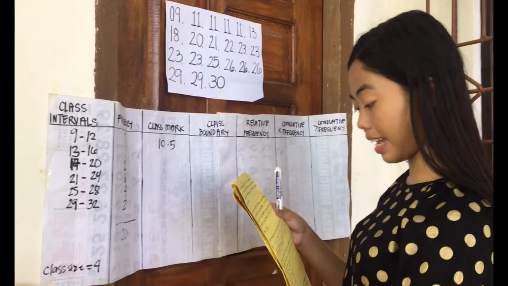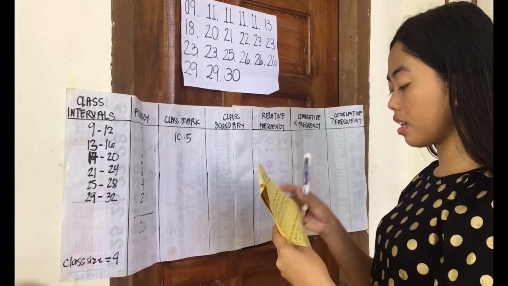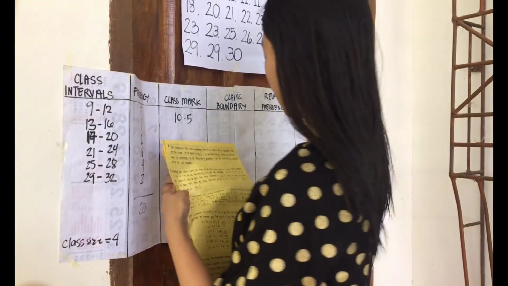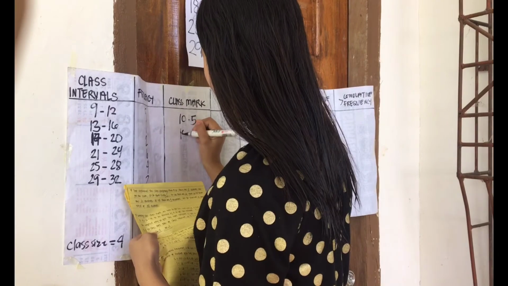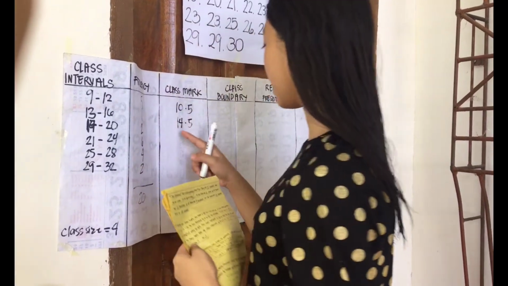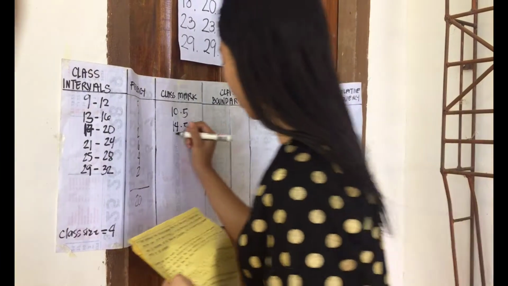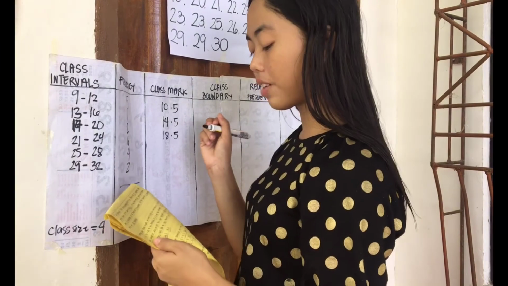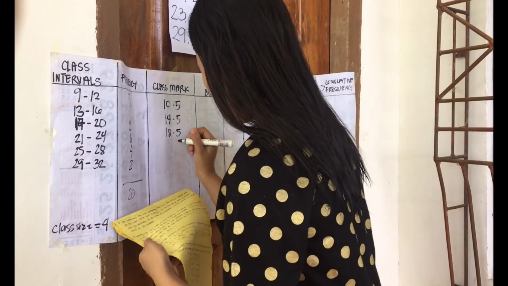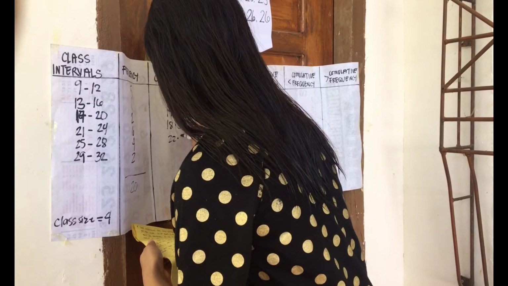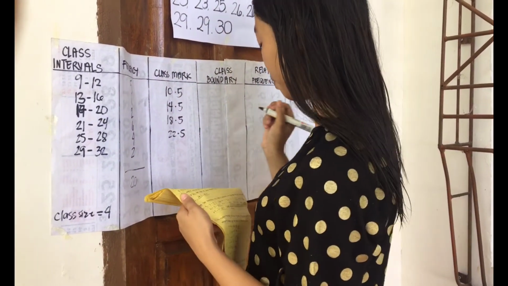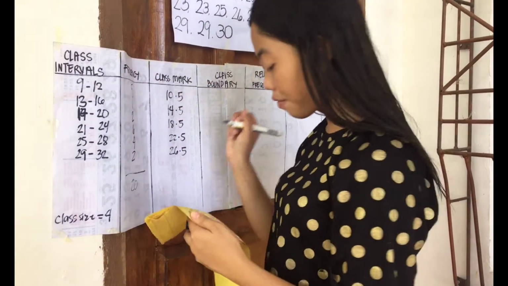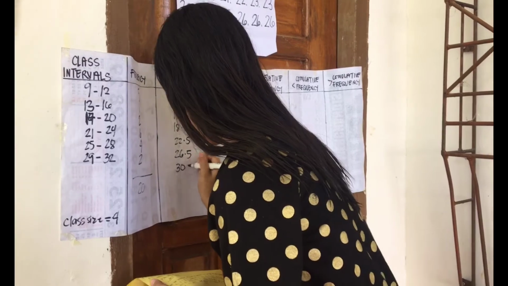So 10.5 plus 4 is 14.5, plus 4 is 18.5, plus 4 again is 22.5, then 26.5, and 30.5.